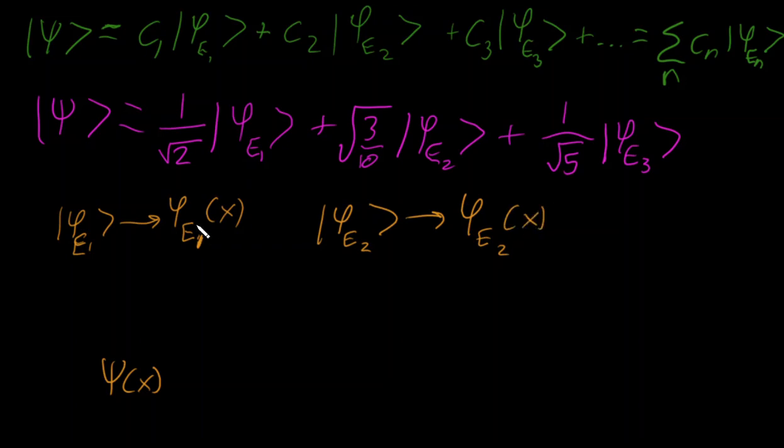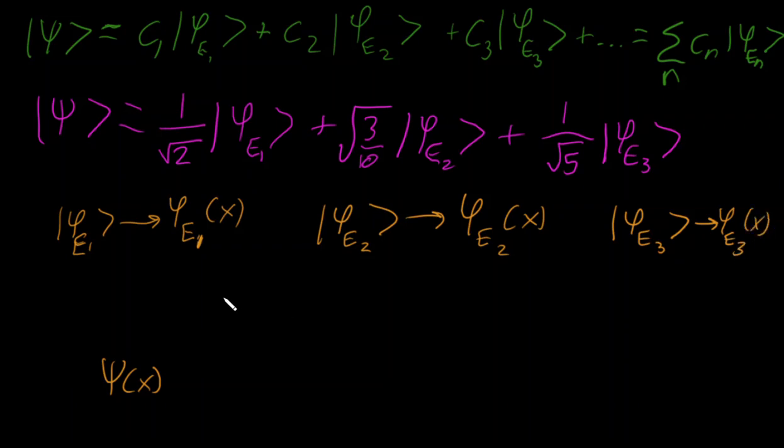This is writing the state with a definite energy in the position basis. It's writing it as a wave function with some position x. And then we'd write phi sub e3 as phi sub e3 of x.